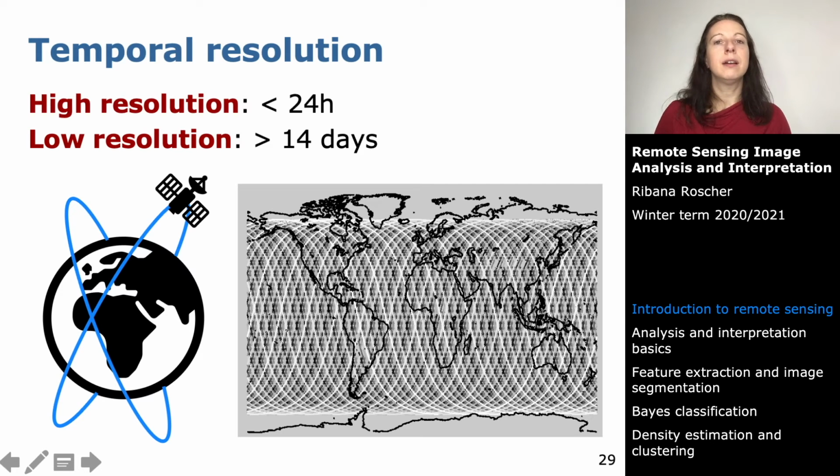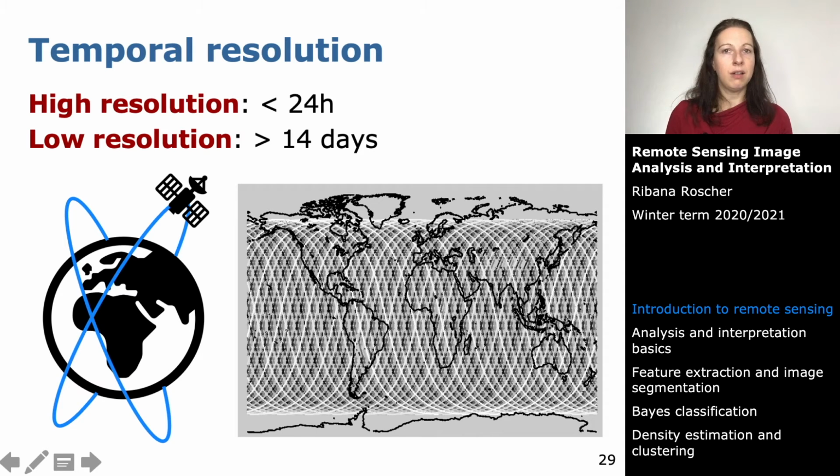And in the right figure, you can see a projected map of the world and the projected tracks of the satellite. And similar colors indicate on which orbits the satellite is close in time. So it's not that neighboring tracks are actually recorded one after another.